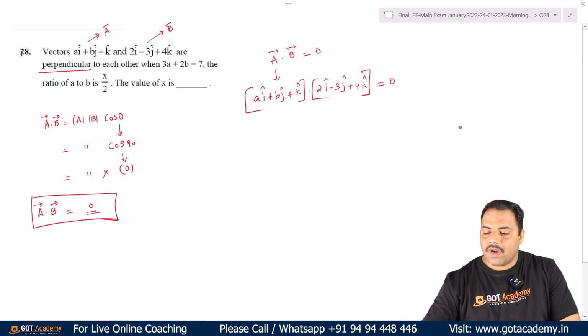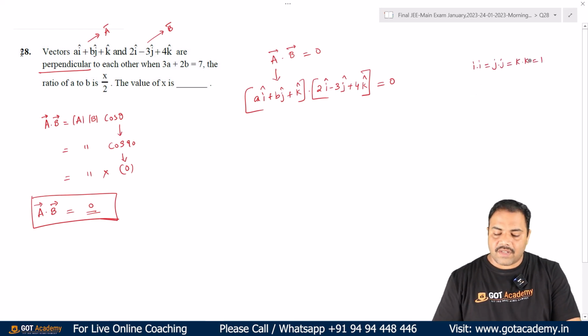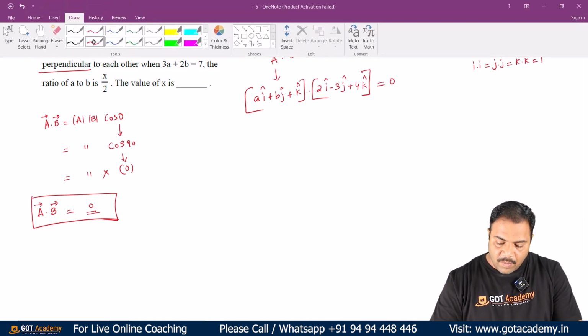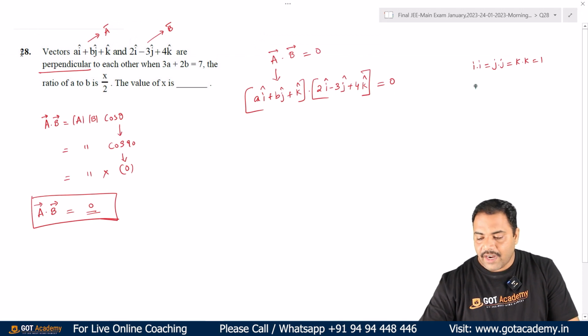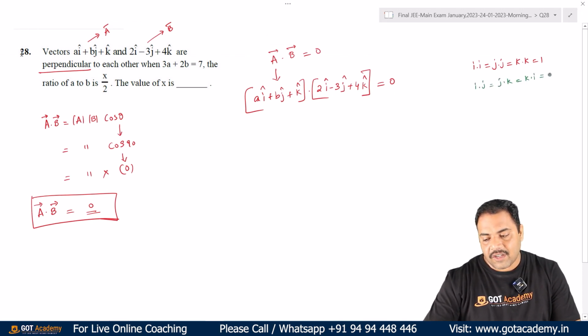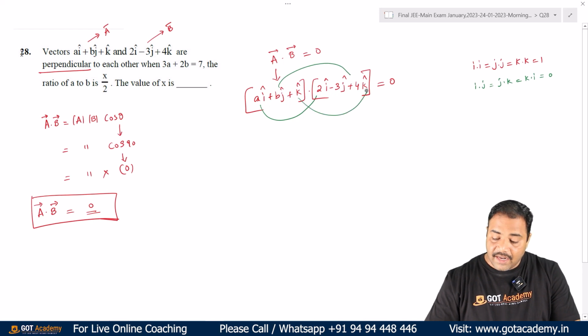Look children, in the dot product we have studied that i dot i equals j dot j equals k dot k equals 1. Suppose if I go for something new like i dot j or j dot k or k dot i, it is equal to 0. So let us go with the same directions, that is i and i, j and j, k and k.